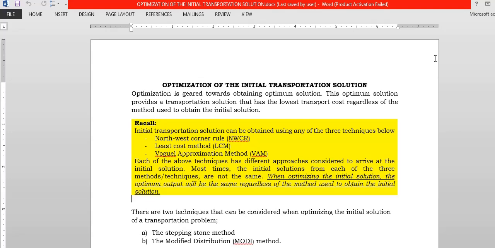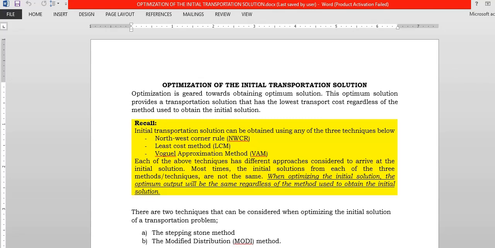Once the testing for optimization has been done, and you realize that the initial solution you got does not minimize the overall transportation cost, then all you need to do is to go ahead and optimize the initial solution.